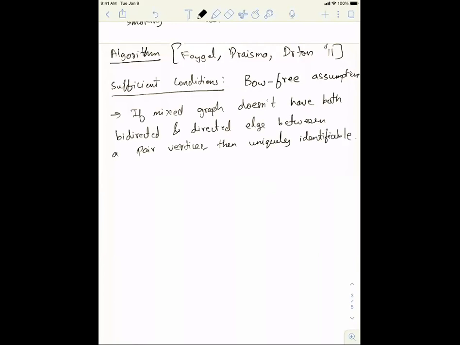So this condition, where you don't have both the bidirected and directed edge between a pair of vertices, is called the Bow-free assumption. And their main claim is that if you have such graphs, then these are uniquely identifiable.